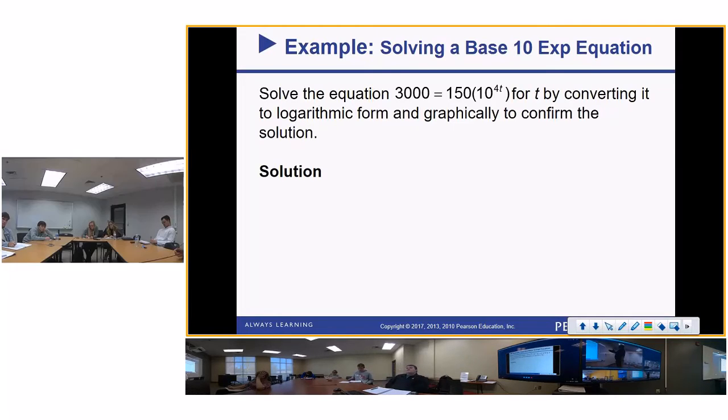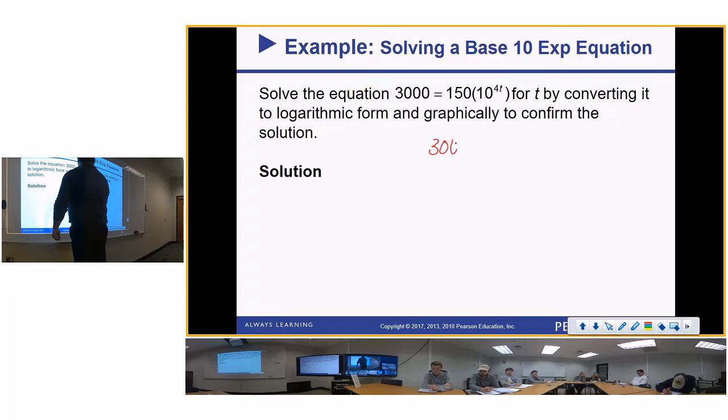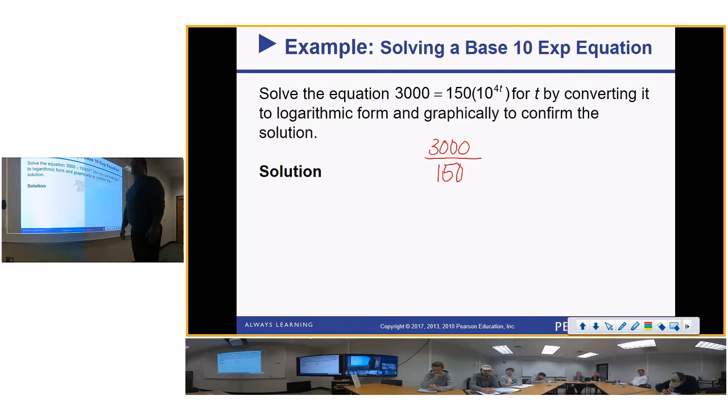There are different ways to solve equations, but I have a feeling they want us to take 3,000 and divide it by 150. Do not reach for a calculator. You do not need a calculator.